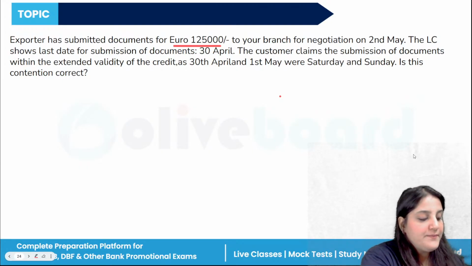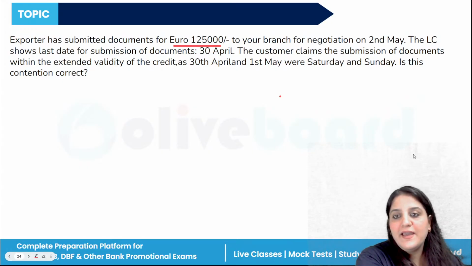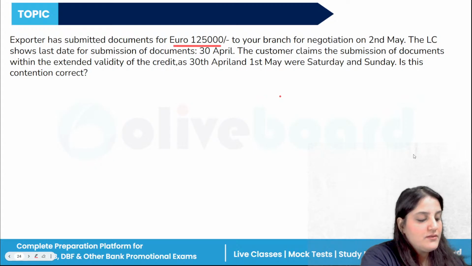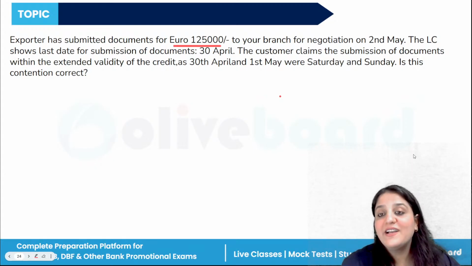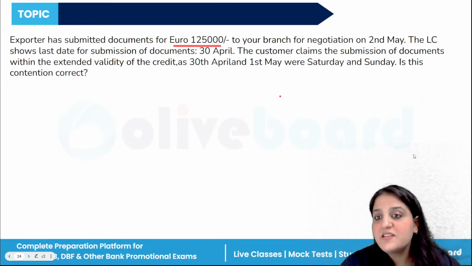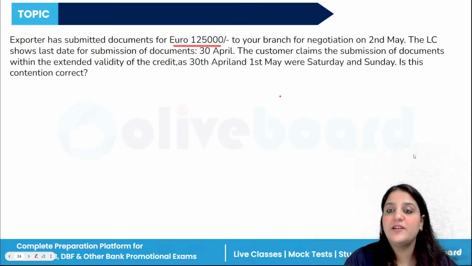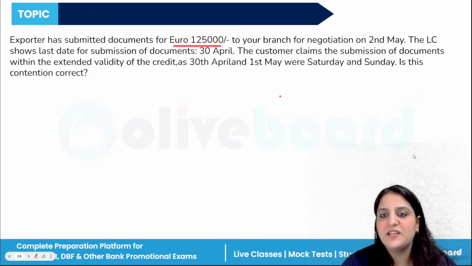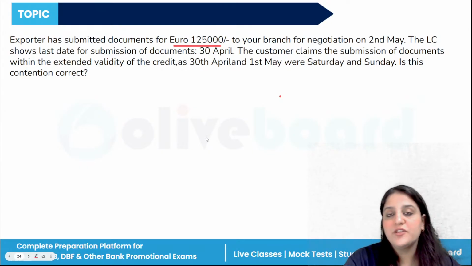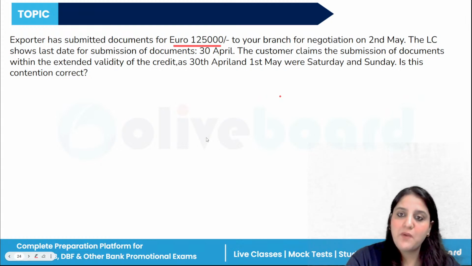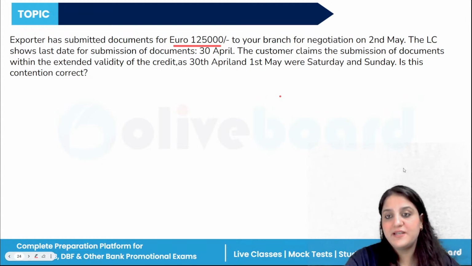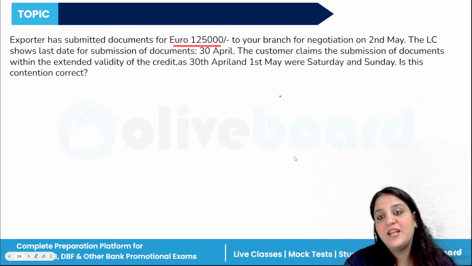If the expiry date of a credit or the last day of the period of time after the date of shipment for presentation falls on a day when the bank to which presentation is to be made is closed for reasons other than those referred to in Article 36, then the expiry date or the last day for presentation shall be extended to the first following banking day.